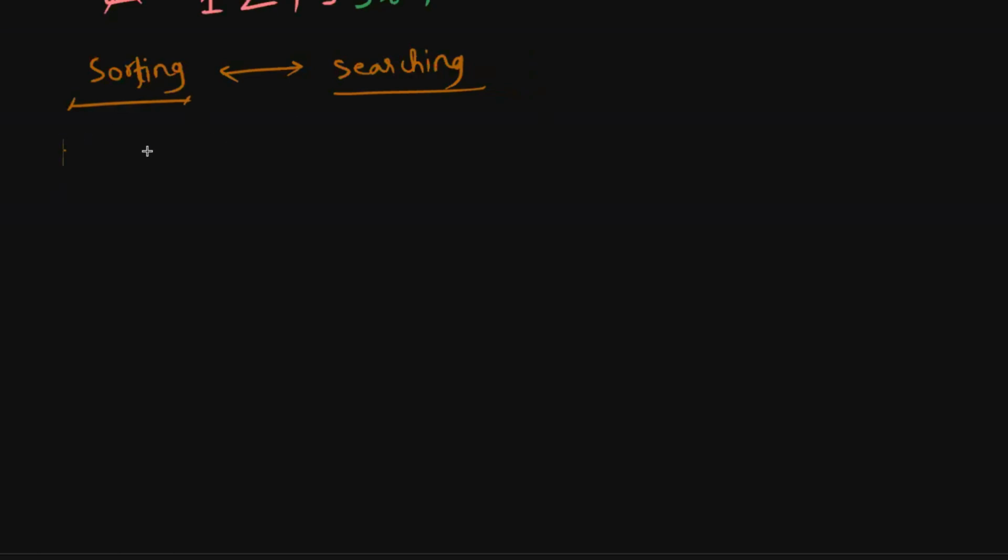So bubble sort. Second one is the selection sort. Keep some space here. Insertion sort, quick sort, and merge sort.